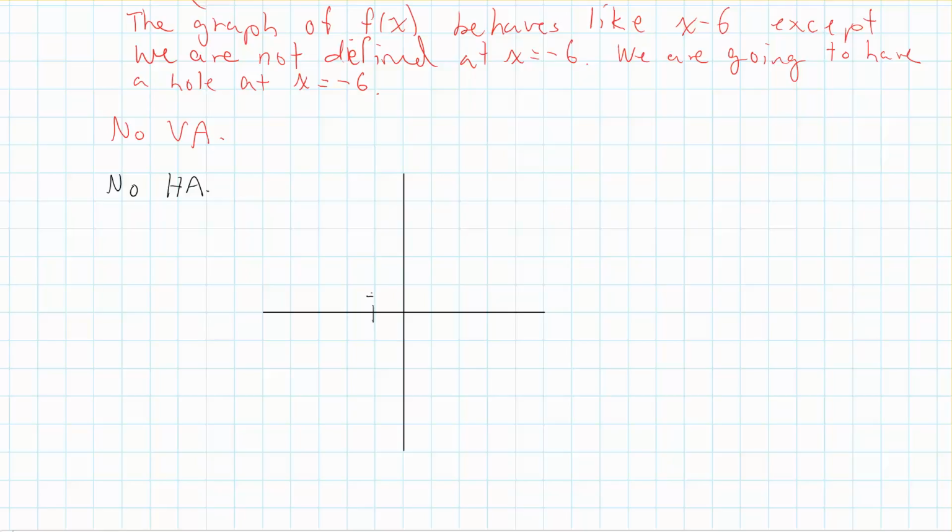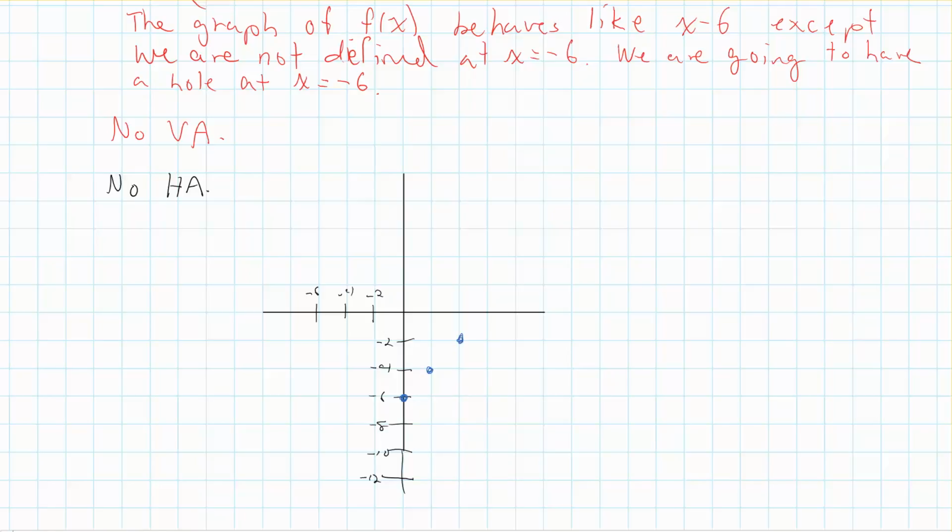So let's do negative 2, negative 4, negative 6, negative 8, negative 10, and then I am going to continue this down and go to negative 12. And the reason is, well, x minus 6 is just a straight line with a y-intercept of negative 6 and a slope of 1.